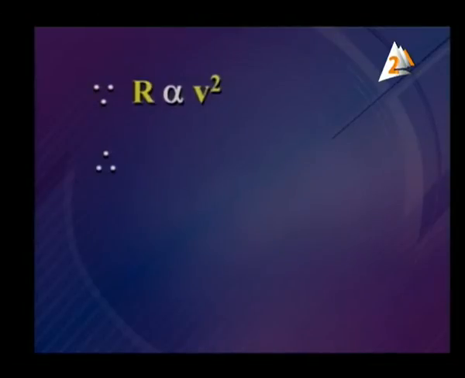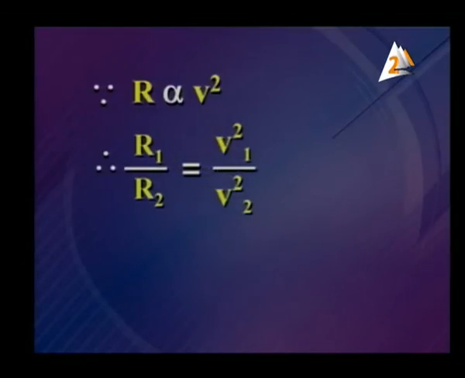Solution. Since R varies as V squared, therefore R1 over R2 equals V1 squared over V2 squared, and this is a rule for variation you studied before at first secondary.